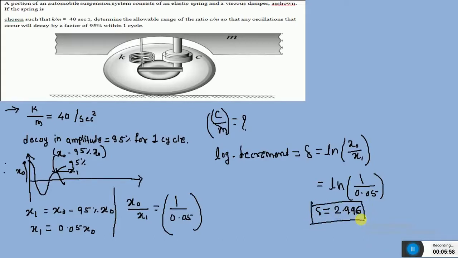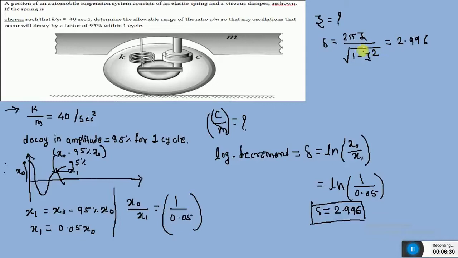Now by using the logarithmic decrement, we can find out the damping factor zeta. So for zeta, we will use the second formula for delta. Delta is equal to 2 pi zeta divided by square root of 1 minus zeta square. So as delta is known, that is equal to 2.996.